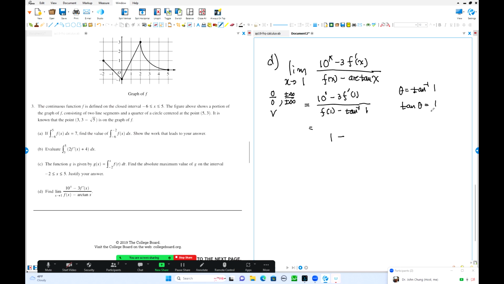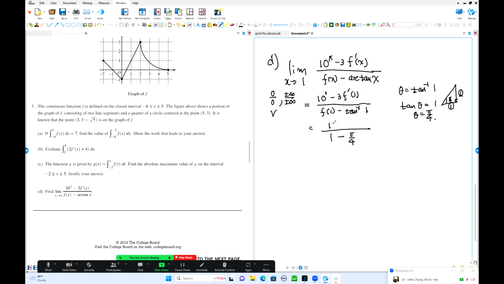For what value of angle is tangent 1? 45 degrees, right? So theta equals pi over 4. This is pi over 4, 45 degrees, that is 1 and 1, tangent is 1 over 1, which is 1. So the denominator is no longer 0, 1 minus pi over 4.